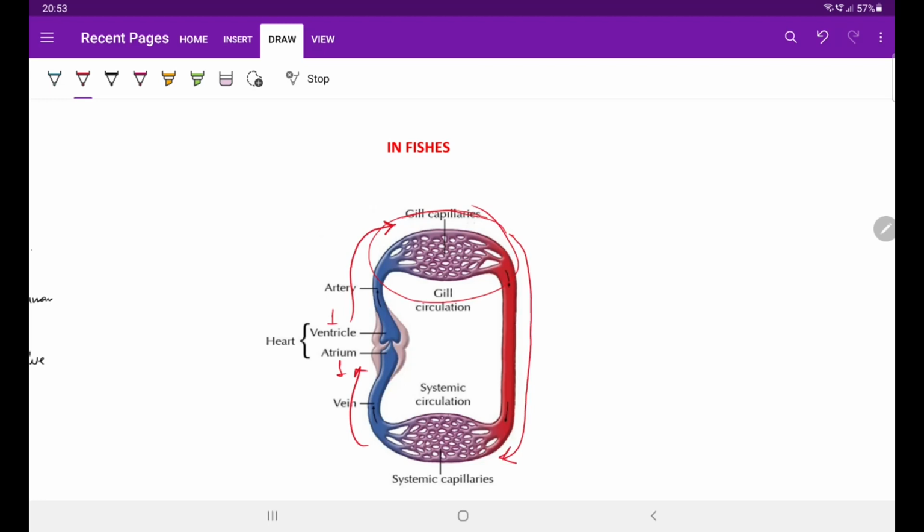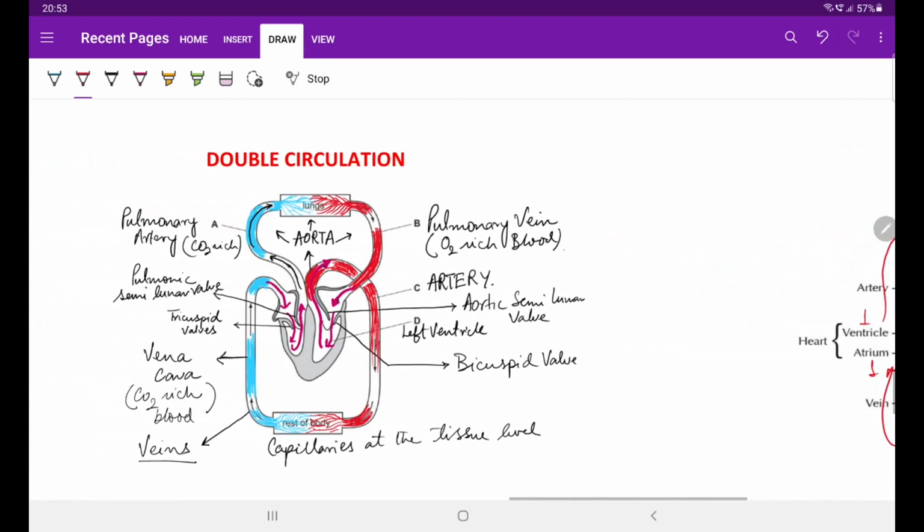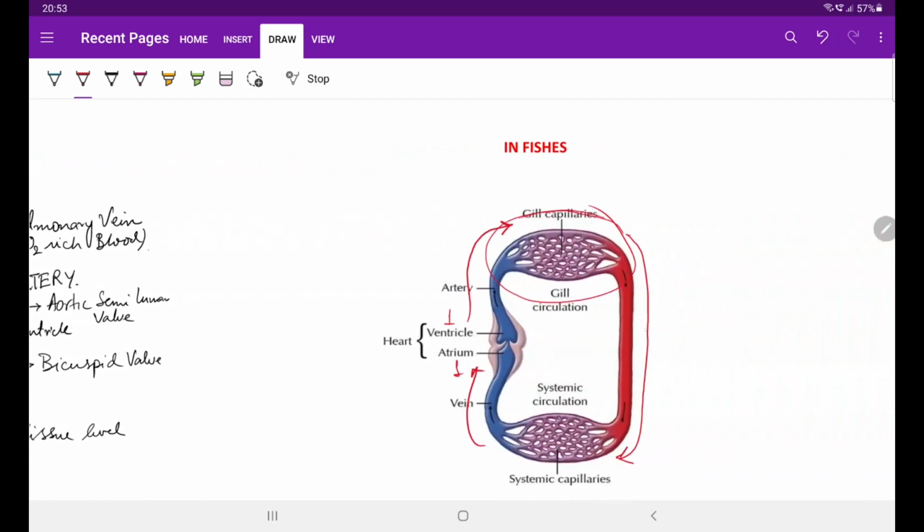and when these body tissues utilize the oxygen rich blood for their physiological activities, again the deoxygenated blood is supplied back to the heart. So, in this manner we find that after getting oxygenated in the gills, the blood does not come back to the heart as it happens in the 4 chambered mammalian heart, rather it goes to the different body tissues for the physiological activities.